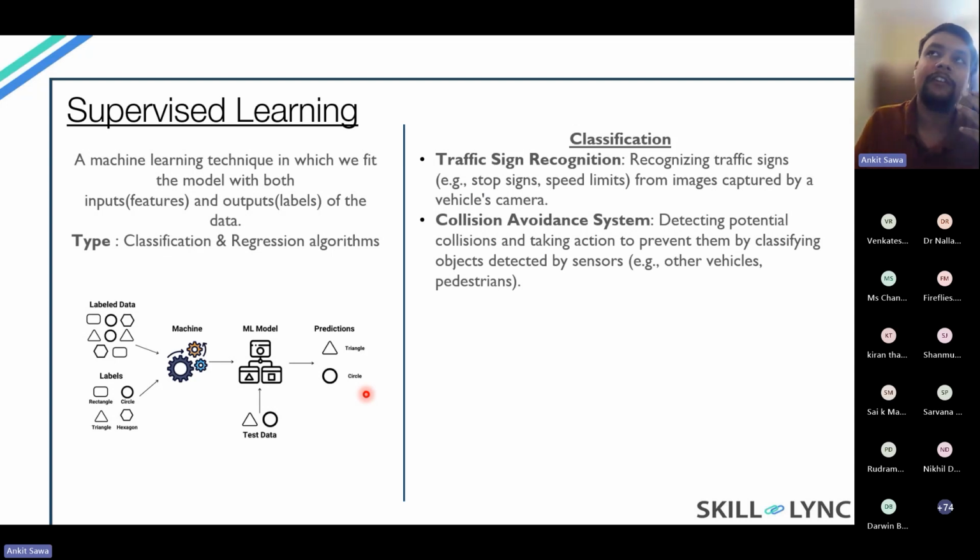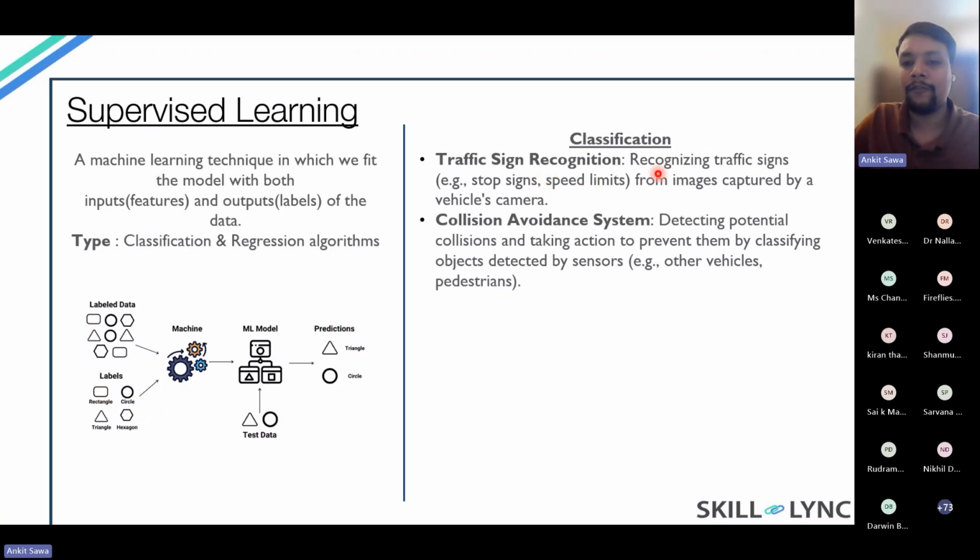You can consider classification as something where you try to make sense of the data at your disposal, right? If you're on a farm, you're trying to identify whether it's a sheep or a goat, right? So whatever data is at your disposal, you're trying to make sense out of it. That's called a classification problem. And even the diagram that you're seeing here is an example of a classification problem where you're classifying the shapes.